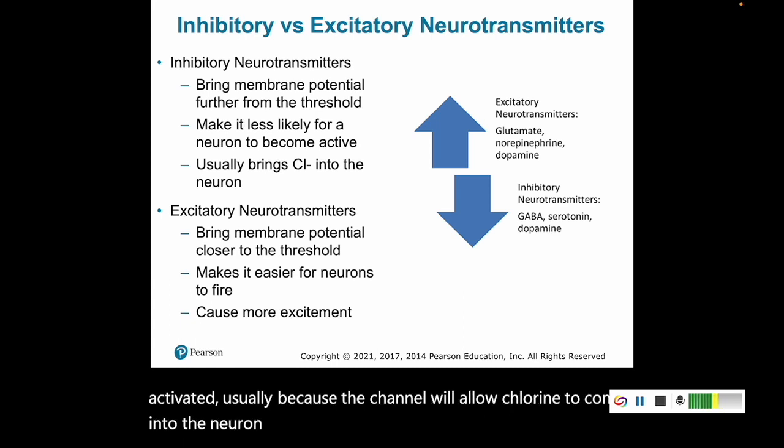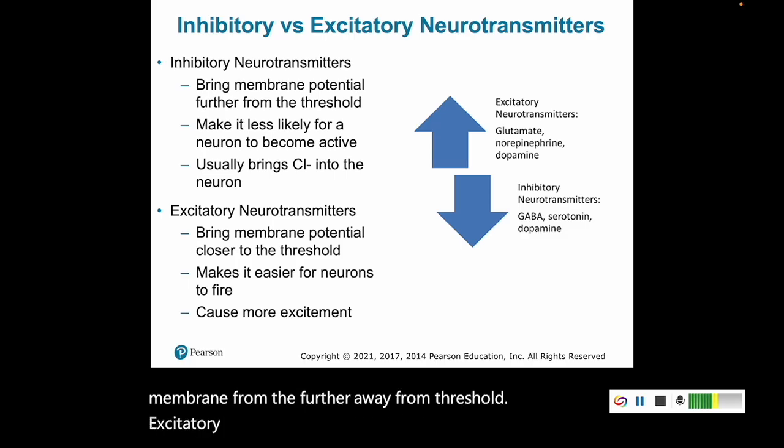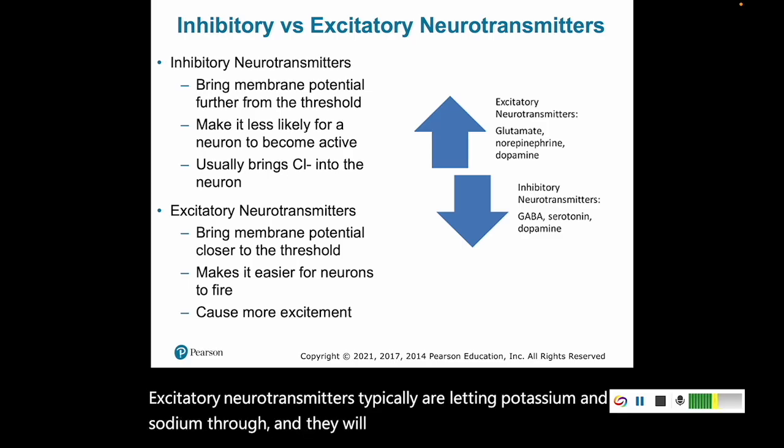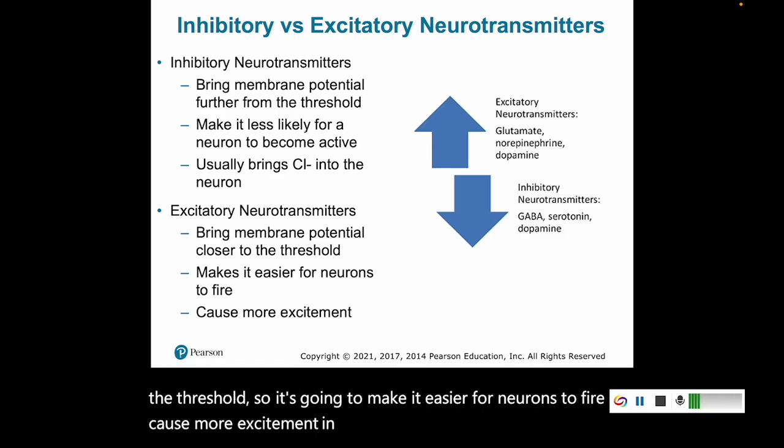So you're coming further away from threshold. Excitatory neurotransmitters typically are letting potassium and sodium through, and they will bring membrane potential closer to the threshold. So it's going to make it easier for neurons to fire or cause more excitement in that cell.